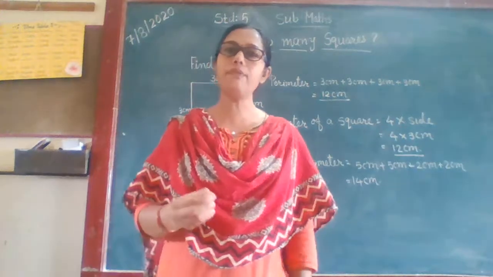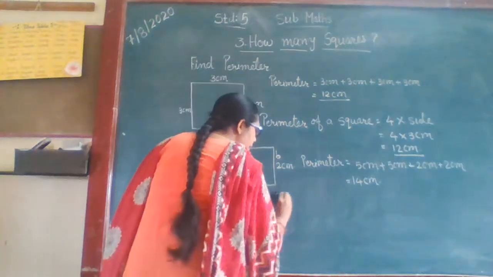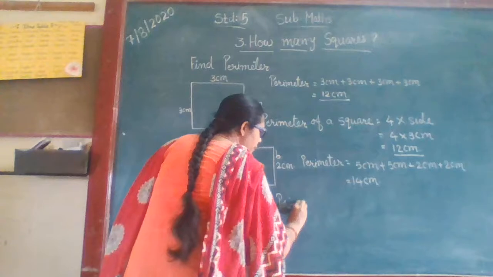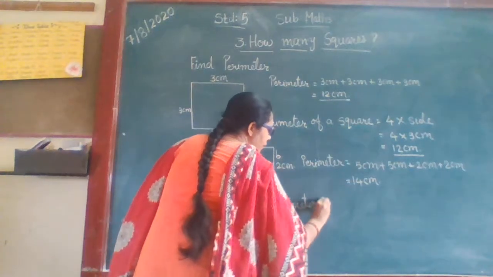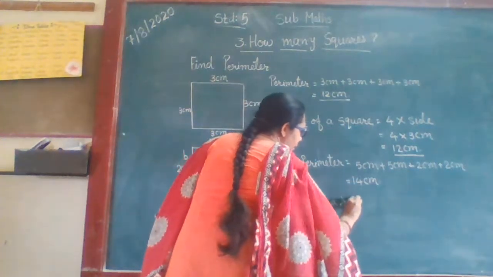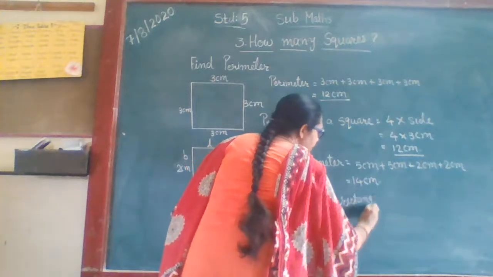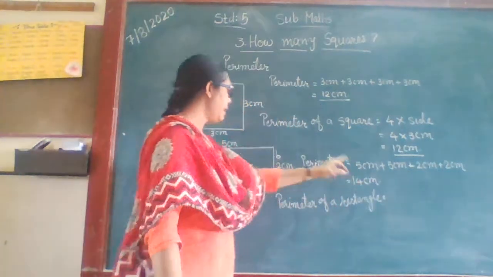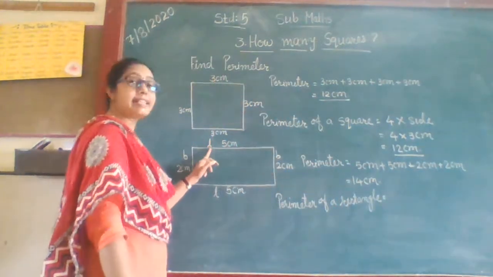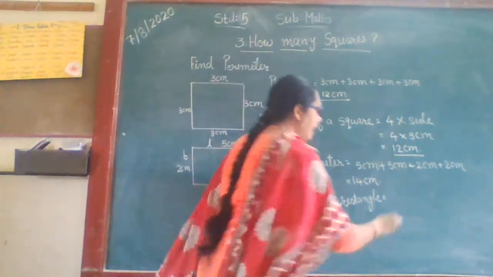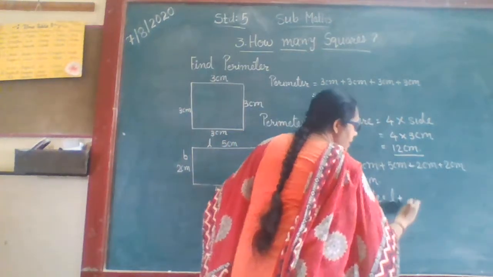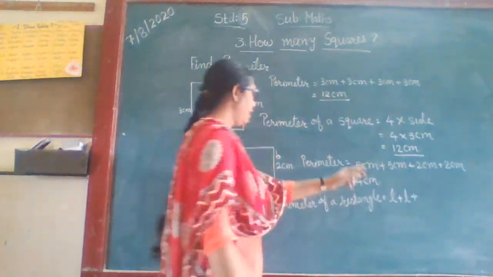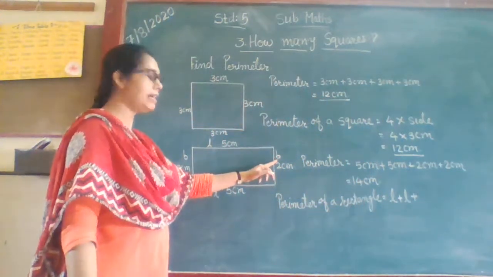Now we make a formula. So perimeter of a rectangle. See, 5 centimeter. What is 5 centimeter? Its length. So L plus this 5 centimeter is also its length, L. And 2 centimeter is breadth.